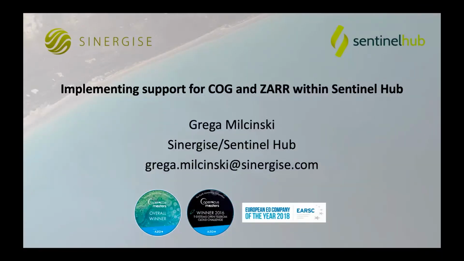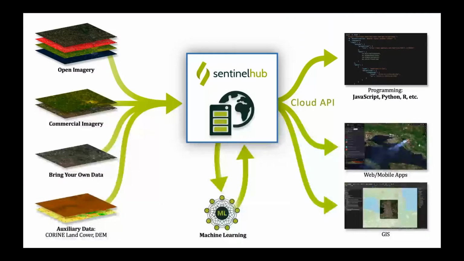Hi, I'm Grega Milcinski, come from Sinergise, and I'll talk about Cloud-Optimized GeoTIFF and Zarr within Sentinel Hub. For those of you who don't know what Sentinel Hub is, it's basically a set of APIs that make it seamless to get large amount of Earth observation data in machine learning workflows and applications.